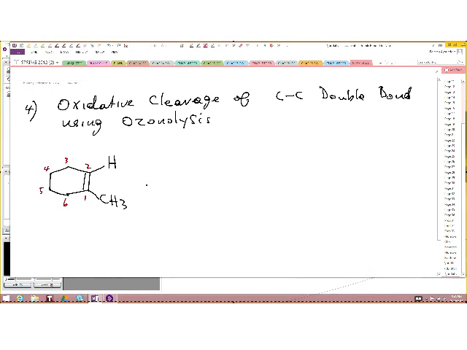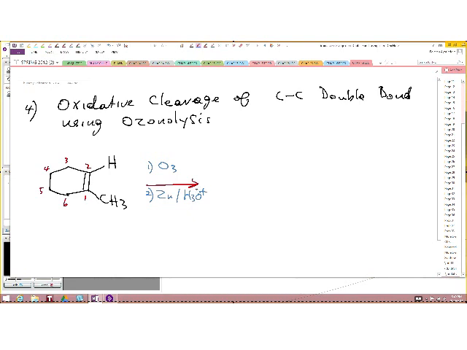So therefore, if we do this ozonolysis, and then we follow that up with zinc in dilute acid. This is the reagent we use for ozonolysis.